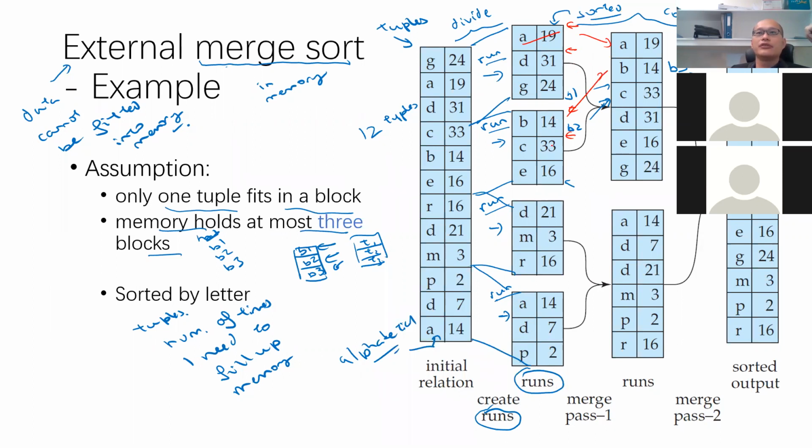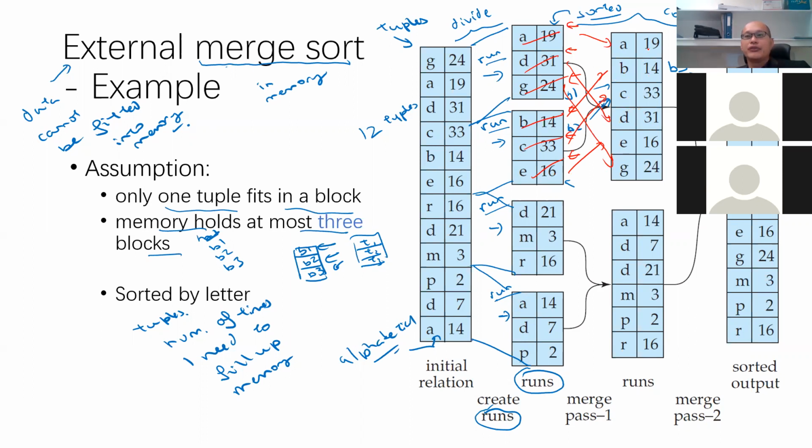Now the pointer shifts, compares C and D, then E, and finally G. Now we get another sorted list.